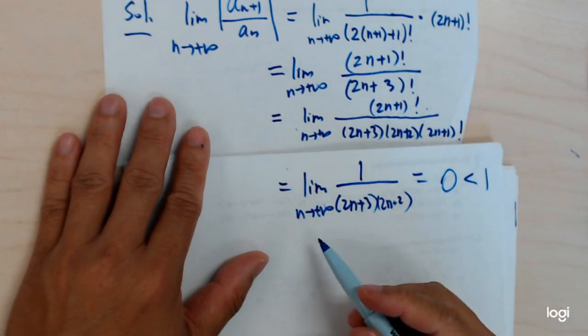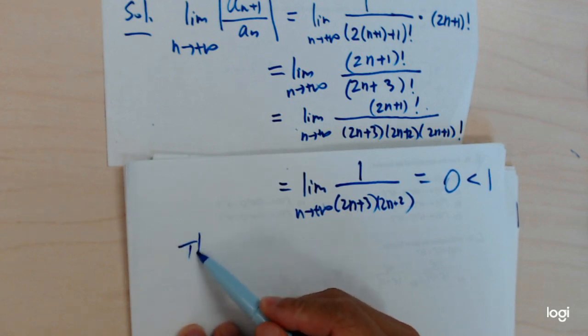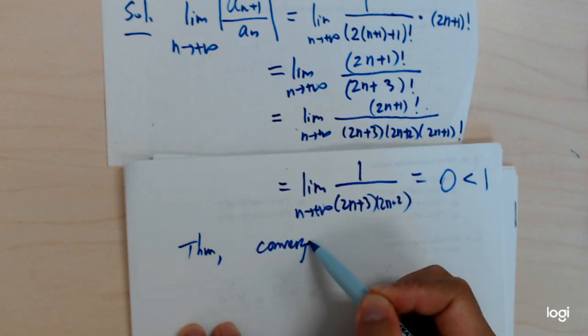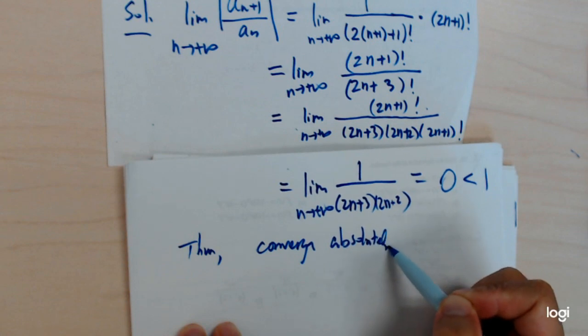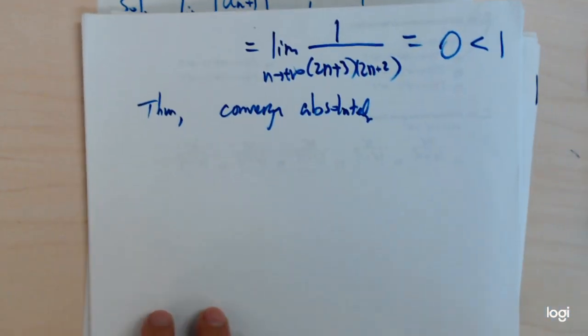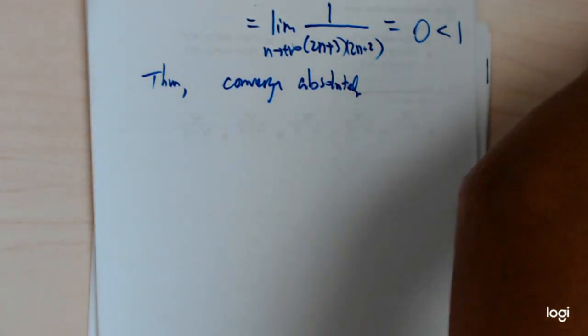If you look up the ratio test, the conclusion is it converges what? Converges absolutely. So that's the ratio test.